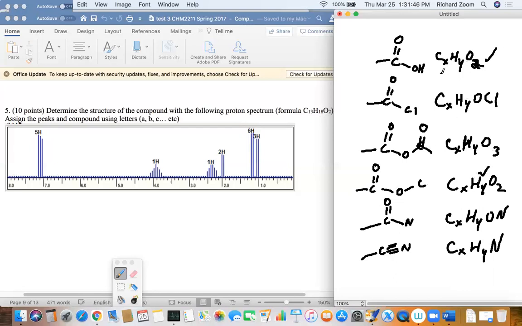But the carboxylic acid will have a 1H at about 10 to 12 ppm for the OH, whereas the ester won't. So that's how you'll be able to tell the difference. Any questions?